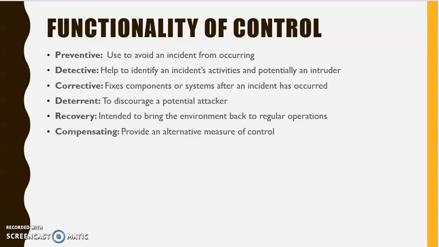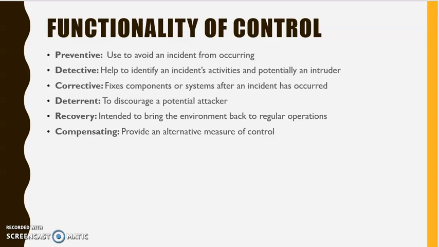Detective control basically helps to identify incident activities and potentially intruders. So if something happens, how do they detect that something bad has happened? This is one of the detective controls. If I take the same example of the visitor, that person has entered into an organization.